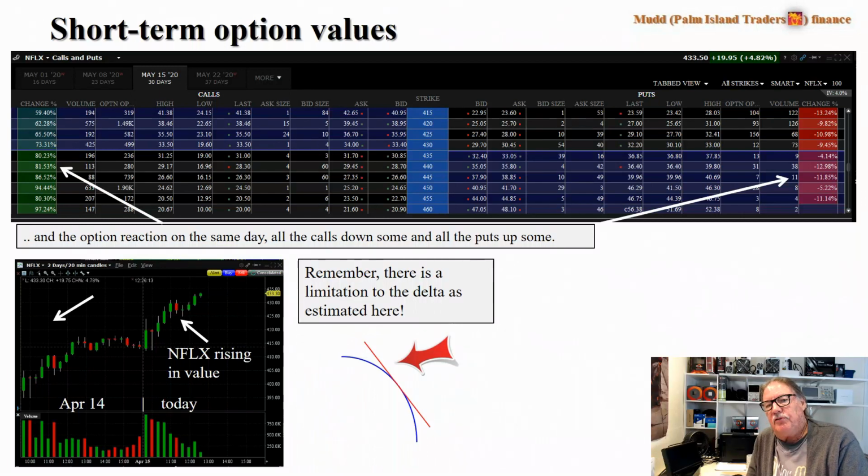And so as the previous slide actually showed, the delta changes itself at every movement in price, and it changes in the way that the slope of those lines suggested, which is why, if you're only using Black-Scholes, which is actually what we're not going to be doing, you need to also consider the gamma. The delta, remember, is effectively the first partial derivative of the option's price with respect to the underlying price. The gamma is the second partial derivative, and that tells you how much the delta will change as the price of the stock changes. So we keep that in the back of our mind as we consider this when we think about options strategy.